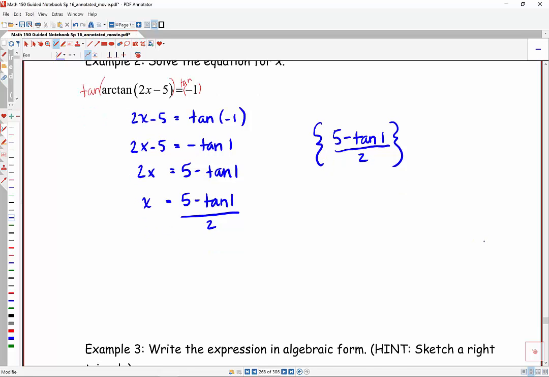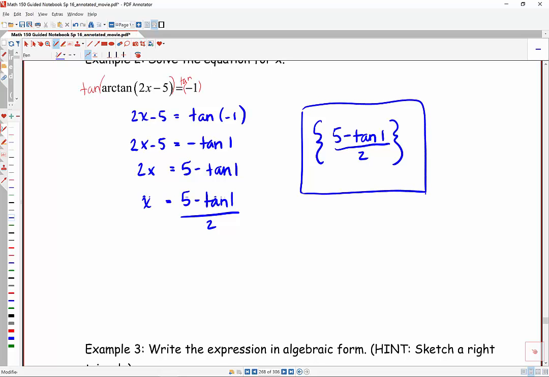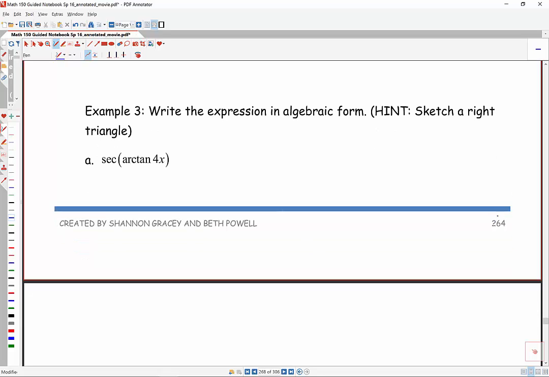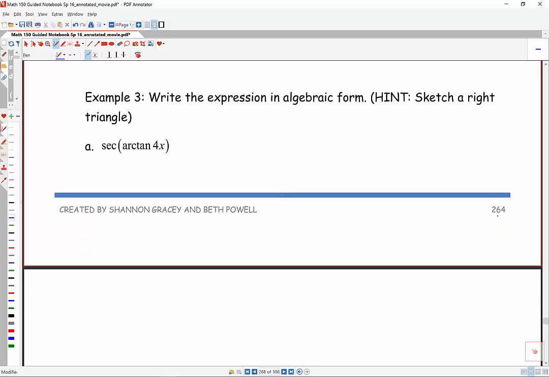All right, so write the expression in algebraic form. This is super important not only for this class, but for Calculus 2. So this is what you do. Here's the trick. You let theta, because the output of an inverse trig expression is an angle, equal arc tangent at 4x.